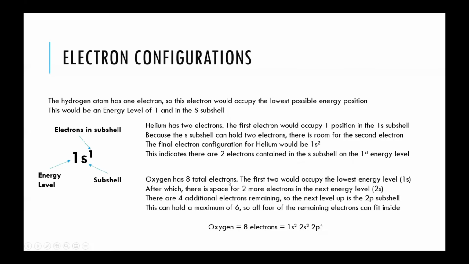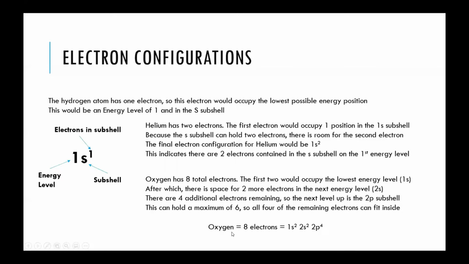When you keep going further in writing an electron configuration, once you fill up one of these subshells, it's full. It can't hold any more electrons. So if there are additional electrons, they need to be put into the next higher energy level or the next higher energy space.